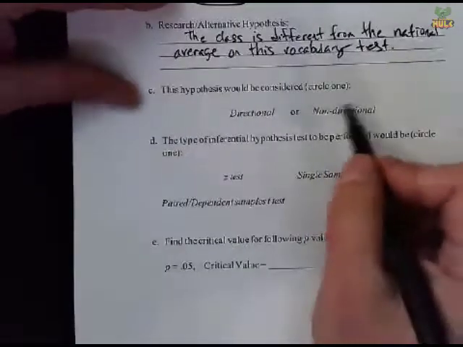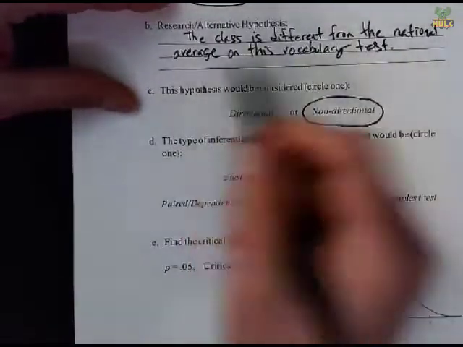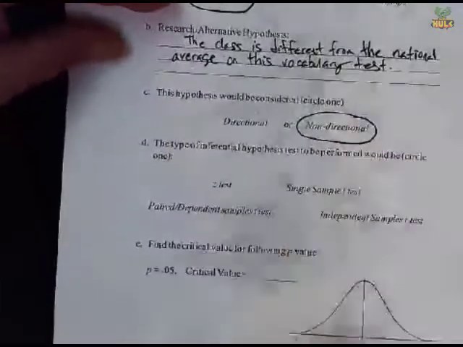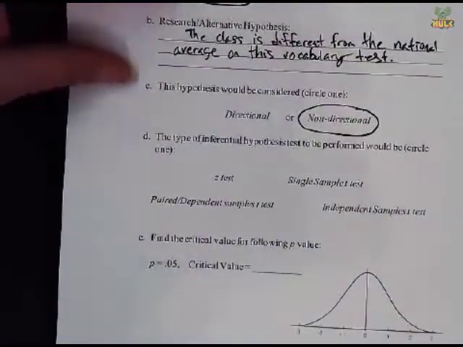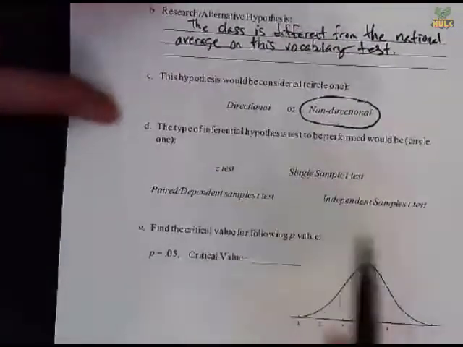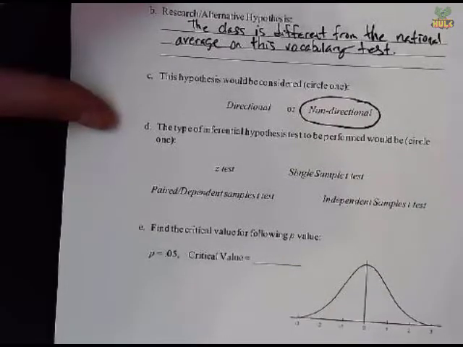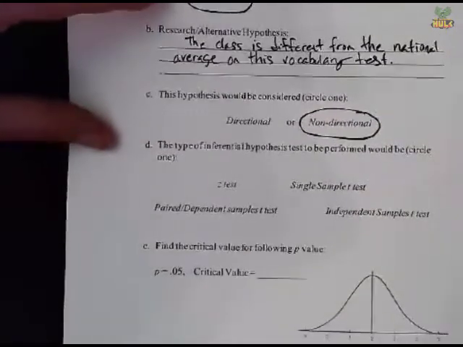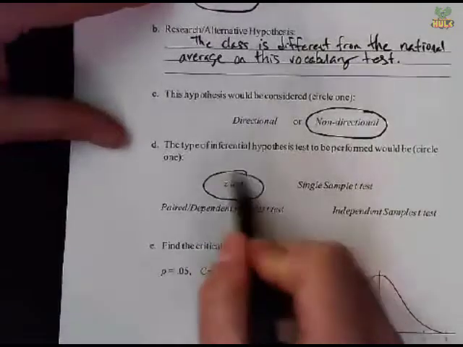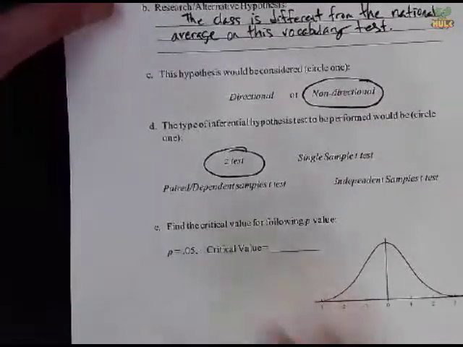Okay, non-directional, because we're not predicting what direction this will come in or who will be higher, who will be lower, simply that there will be a difference. And as I said before, we know population mean and population standard deviation, so this means we can calculate a Z test.